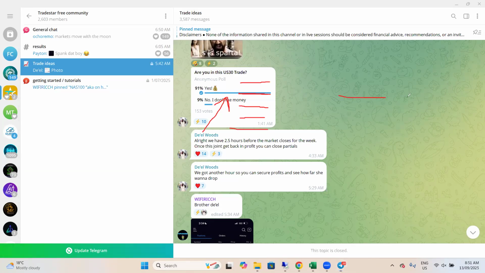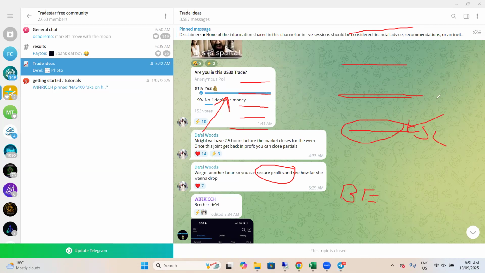So you have your entry, right? You have your TP, right? You have your stop loss. This here, when they say secure profits or go to BE, right, means to move your stop loss, SL, to your entry. So you just move it up, right? And there will be a price level here as well. Okay, but that's what that means if you ever see this.